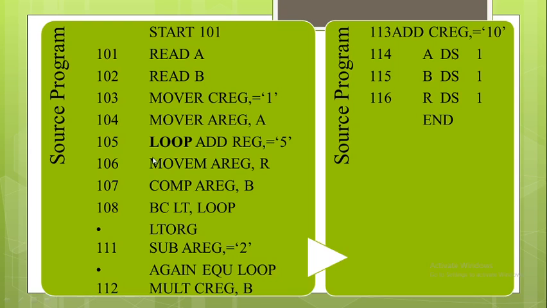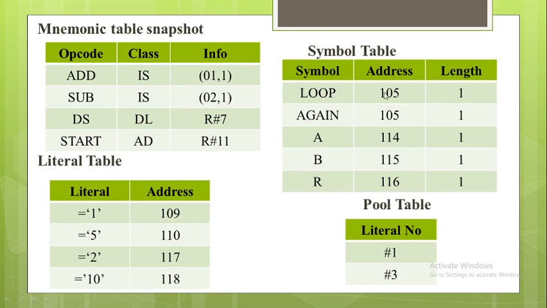As we know, loop is a symbol having the address of 105, and because of this statement, the new symbol will get the address of loop, which is 105, and because of this we are going to assign the address of 105 to this symbol again.